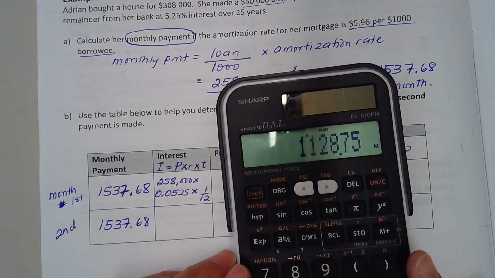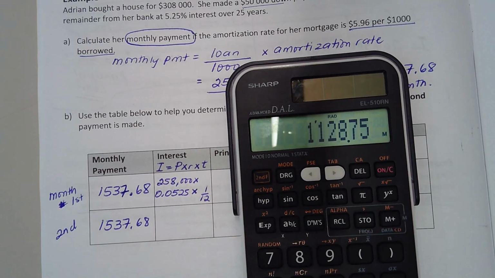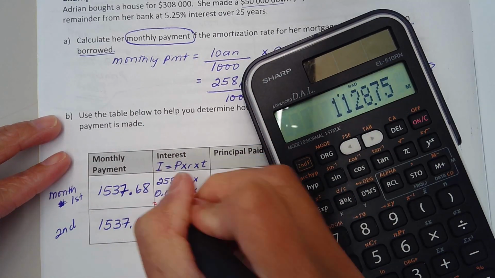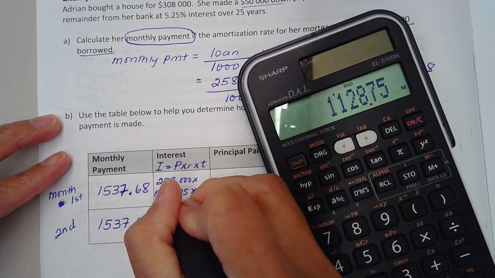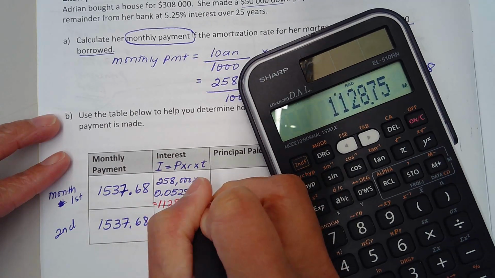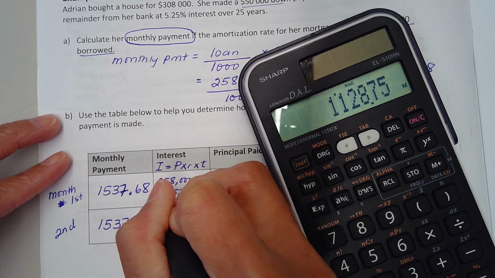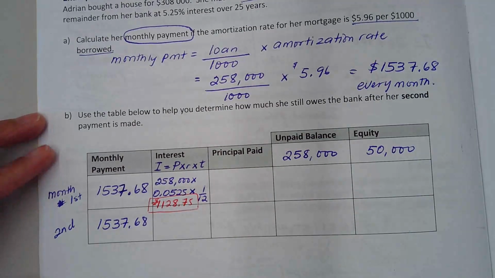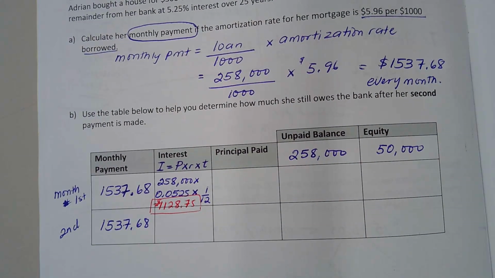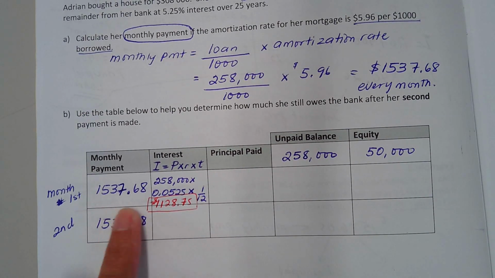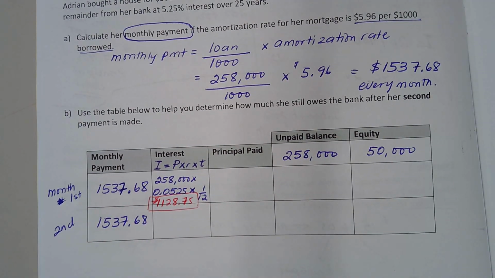So that means I'm going to do it in a red pen here, $1,128.75 went towards the interest. That's a lot of money, right? Like almost all of it.